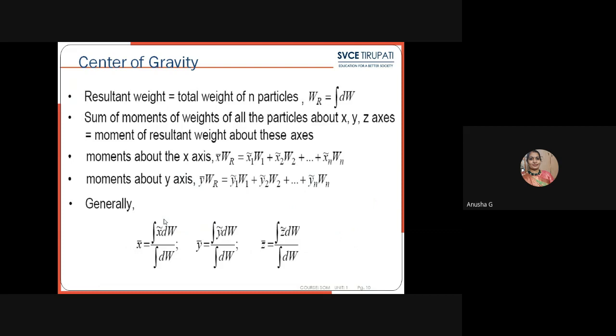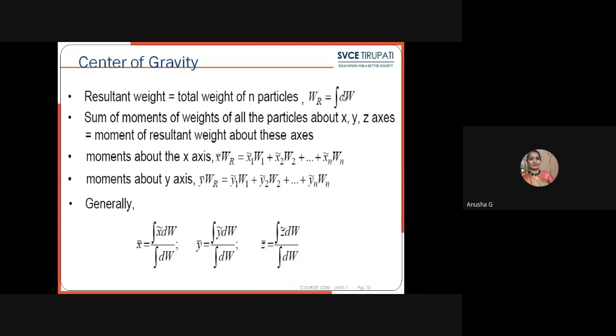Here you can see the total weight of the particles that comes under the total body is WR, that must be equal to the integration of dW. Integration of dW is nothing but the moment of the body which we are calculating in the x direction or y direction. If we are calculating about the x-axis, then it has to be considered as x bar WR.